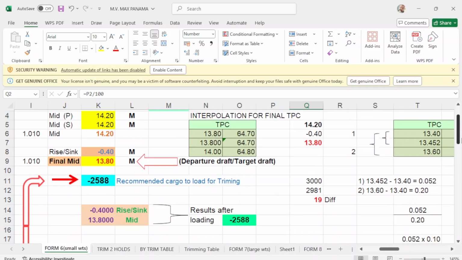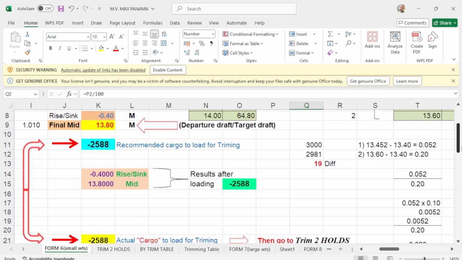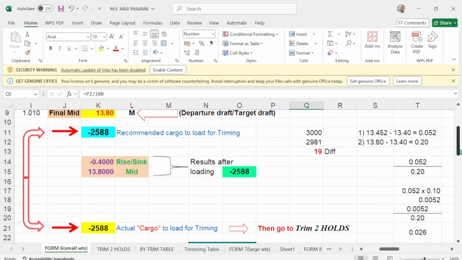Now the next thing to do, since you already have your figure here to discharge, you follow this arrow and put the value of your total cargo to be discharged, negative 2588. Okay. So what happens? This will be the actual cargo to be discharged.